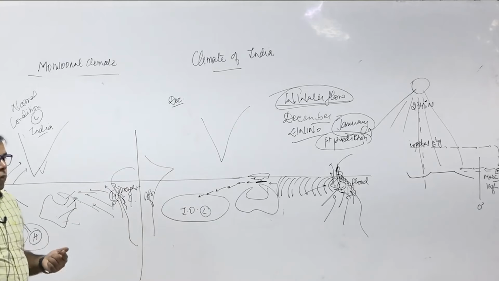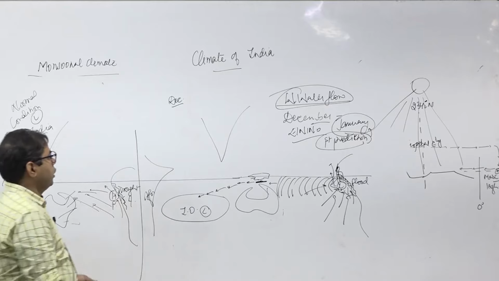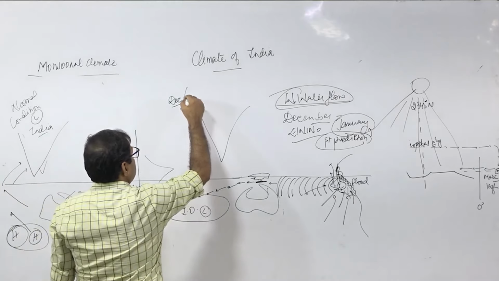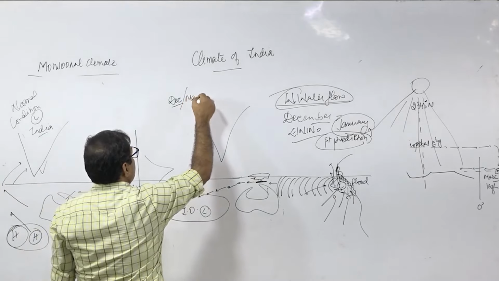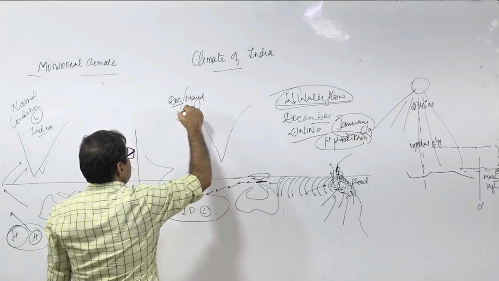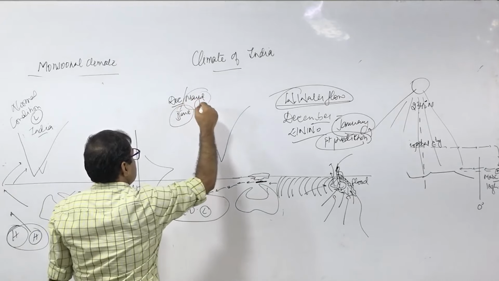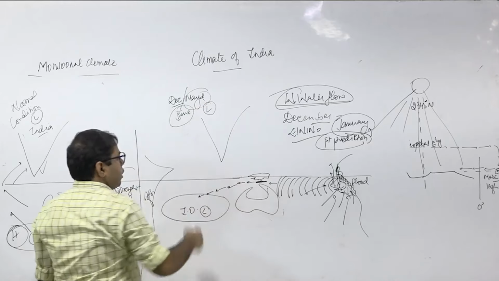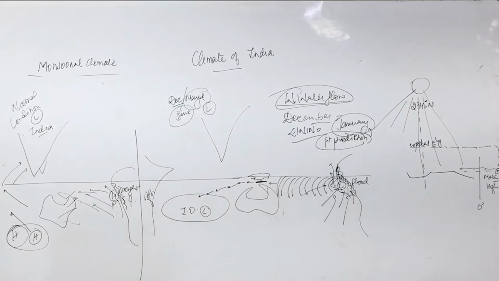So, the impact of El Nino is when there will be summer, in May and June, in the month of summer. This whole area will have the low pressure center, right. Low pressure means it will attract the wind from the surrounding high pressure zones.